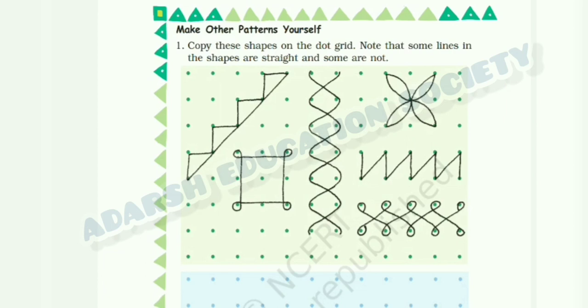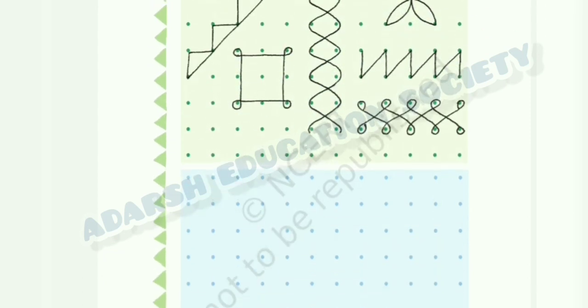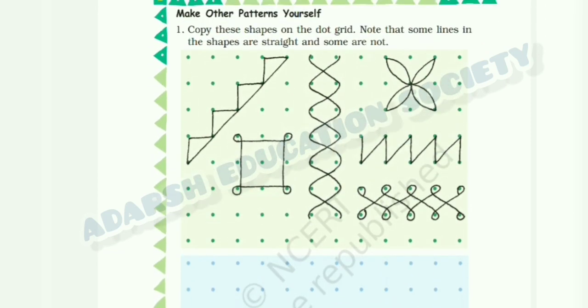You have to make it. Some lines are straight and some lines are curved. So you have to make the pattern looking over here. You have to draw this same to same pattern in this given dot grid. Okay children?